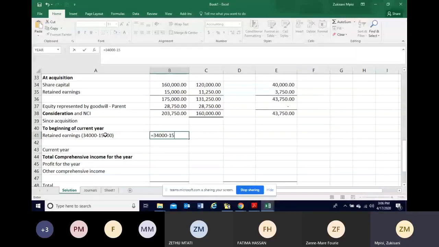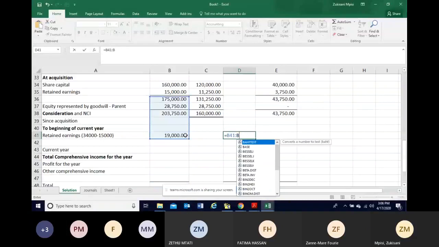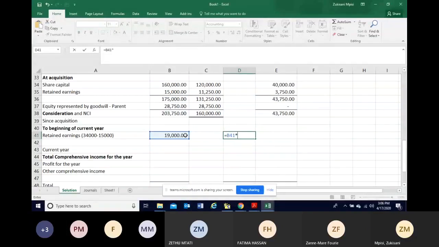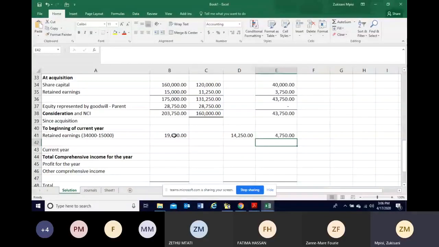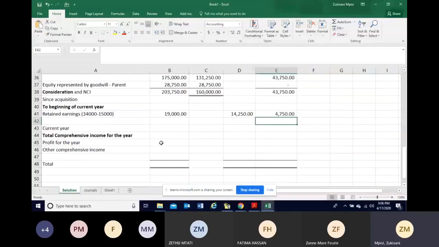This gives you 19,000, and you do a share between the parent and the NCI. Right. That is at the beginning of the year.